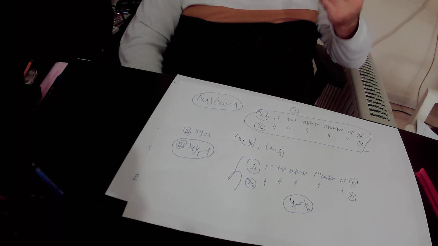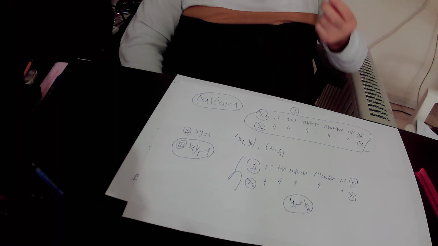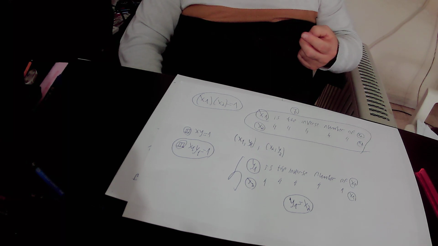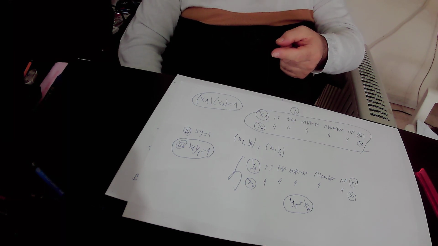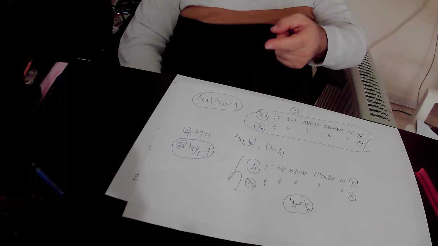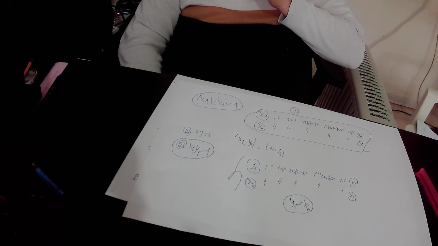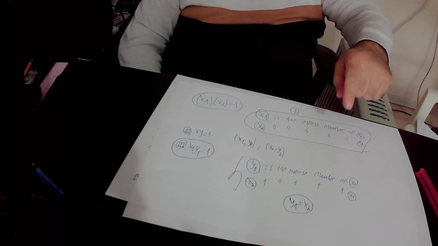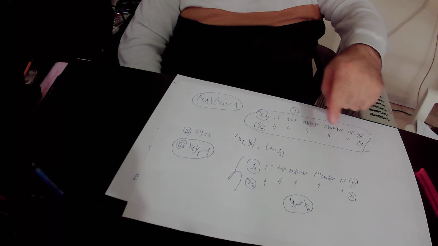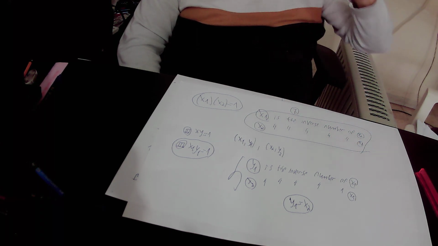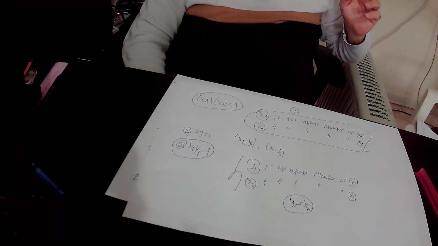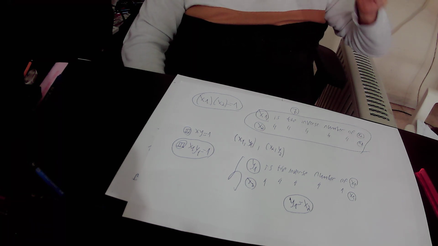So if we have two numbers, y1 and x2, that both are the inverse numbers of x1, it means that they must be equal to each other, because every number has only one inverse number.